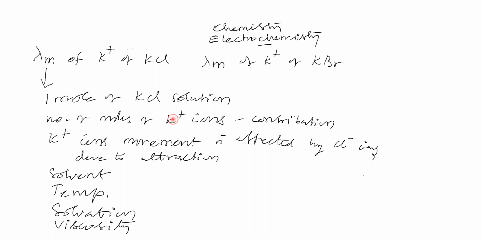Now these K plus ions are moving because they have to carry current. This movement is affected by Cl minus due to attraction. K plus ions are attracted by Cl minus ions, therefore their movement is affected by Cl minus ions. In the same way, K plus is attracted by Br minus.